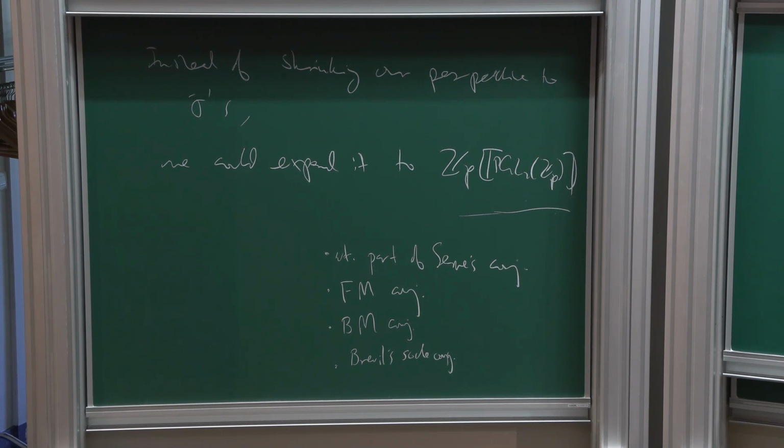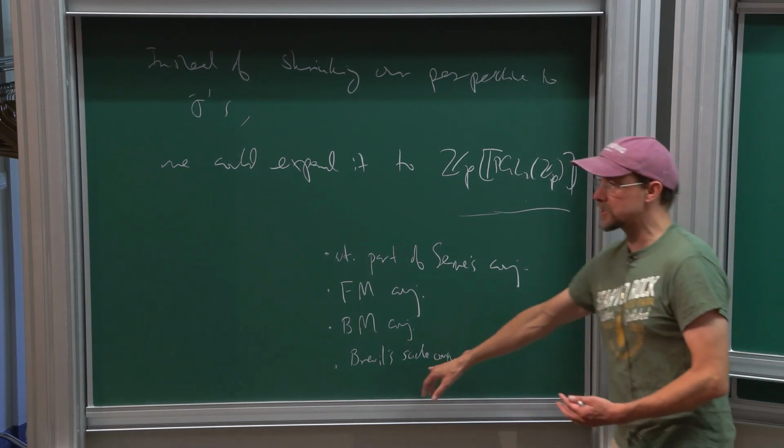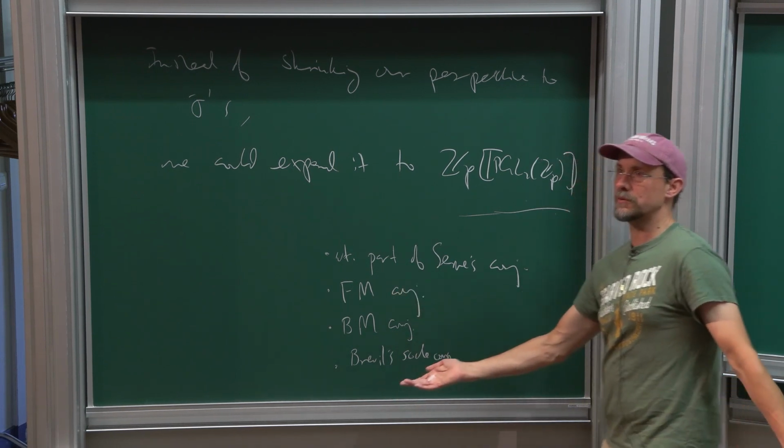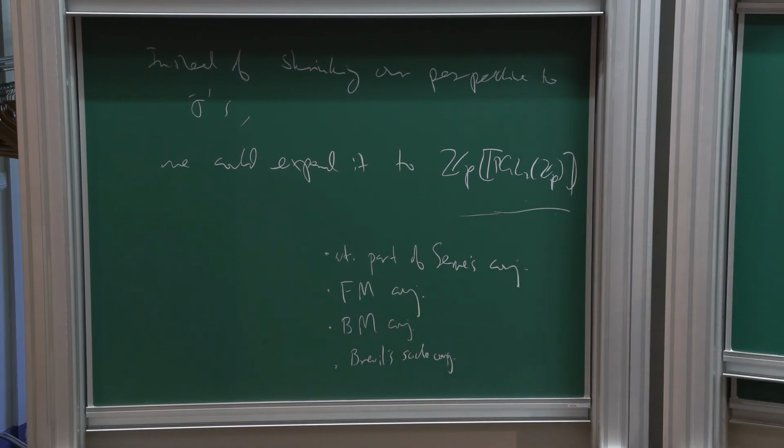So for people who know about eigenvarieties, they know that eigenvarieties have various twinning and companion form behaviors. And Breuil's socle conjecture is some kind of ultimate distillation of when companion forms should exist or not.